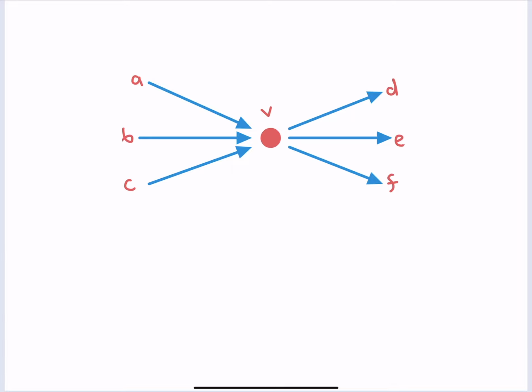So maybe we can look at it on a vertex by vertex basis. Here's a vertex C that has 3 incoming edges and 3 outgoing edges. So what should I do? You said duplicate it, right? So I'll make 2 dots, V1 and V2. So I made 2 copies of V. All right, next, what did you suggest?